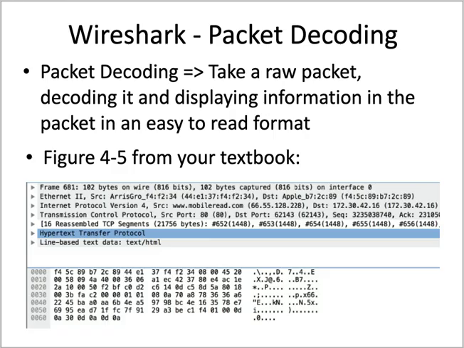Now up in the top main window, notice that it starts at the frame level. So level 2, I got 102 bytes. Ethernet, if I decode that, it's going to tell me layer 3 information. I'm sorry, layer 2 information. Notice it has MAC addresses.